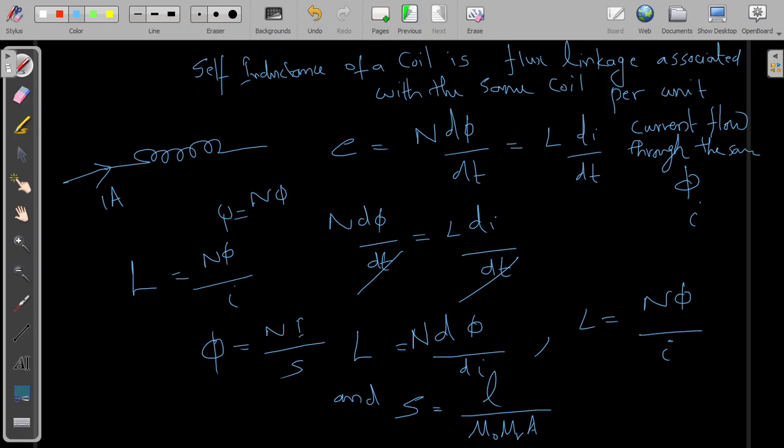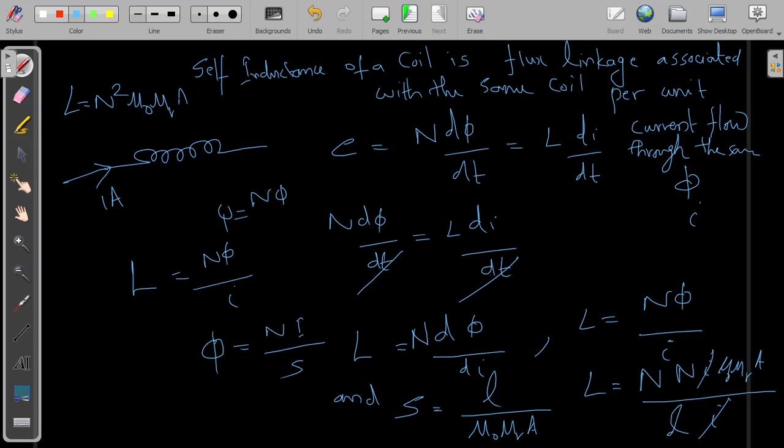So I have L is equal to N, and phi is Ni by S. Dividing by S means multiplying by the reciprocal, mu0 mu r A divided by l, and I gets cancelled, so you will get L is equal to N square mu0 mu r A by l.